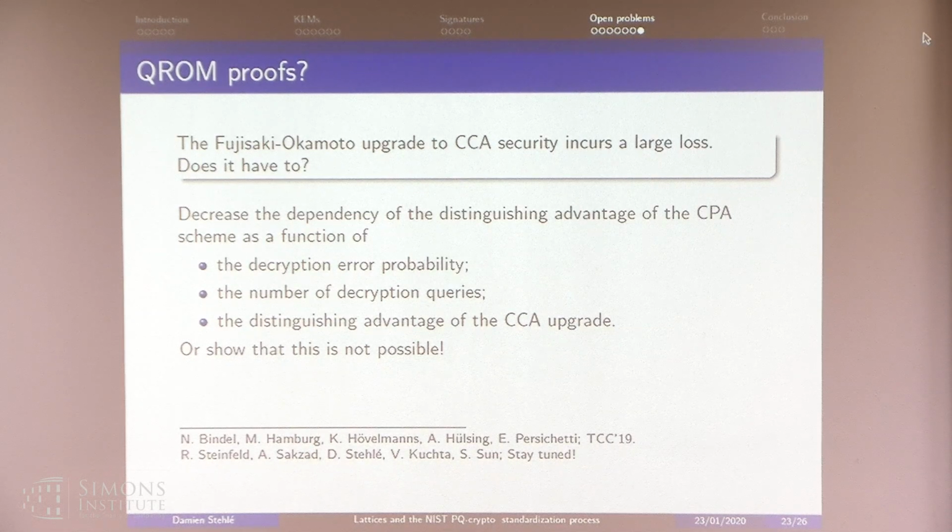The dependency is also in terms of the number of decryption queries and in terms of the distinguishing advantage of the CCA upgrade. Another possibility would be to show that some of these dependencies are actually intrinsic. We have to pay for them.